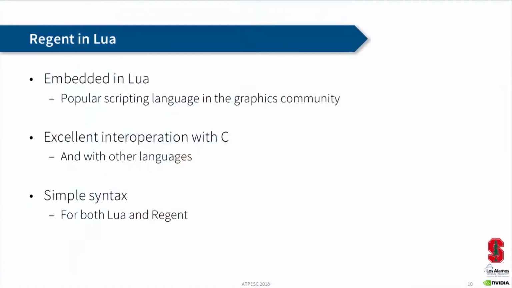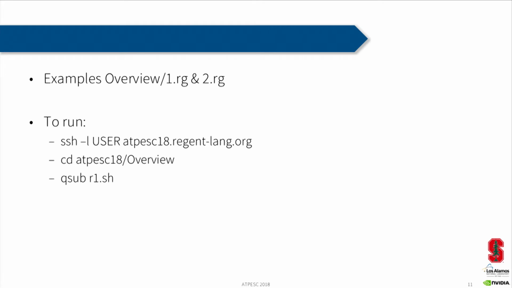And in our opinion, Lua and Regent have very simple syntax, so they're designed to be very easy to use. Okay? So let me actually try to show you how a Regent program looks like.